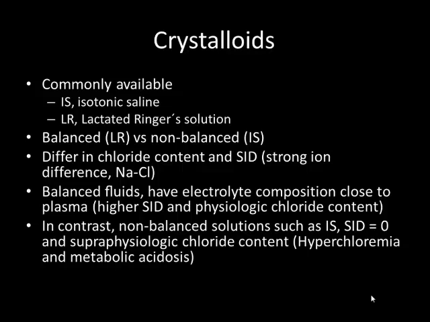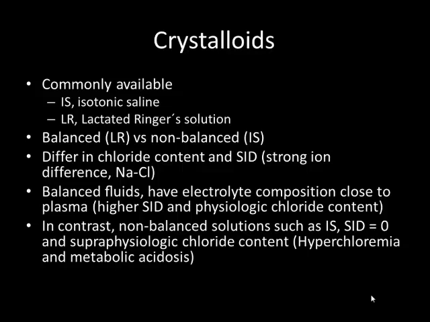There's an important difference in the chloride content, and also in the strong ion difference. In plasma, the strong ion difference is around 40. So the idea of giving a balanced fluid is to give some type of fluid that is close to that, so we are not going to have any acid-base disturbance.